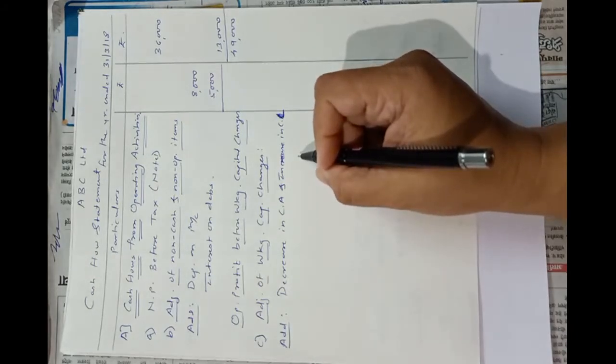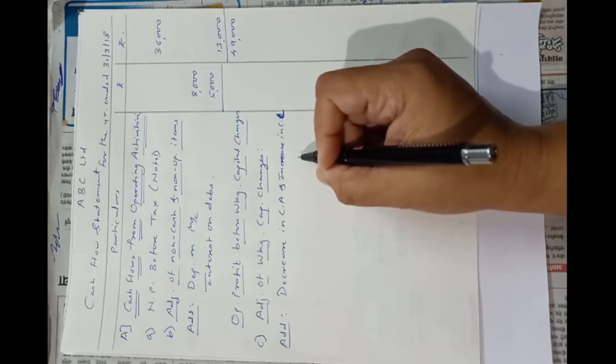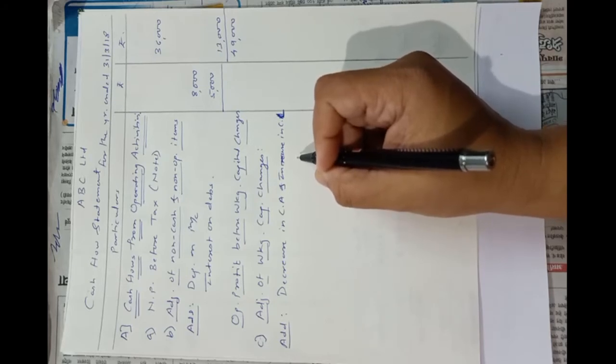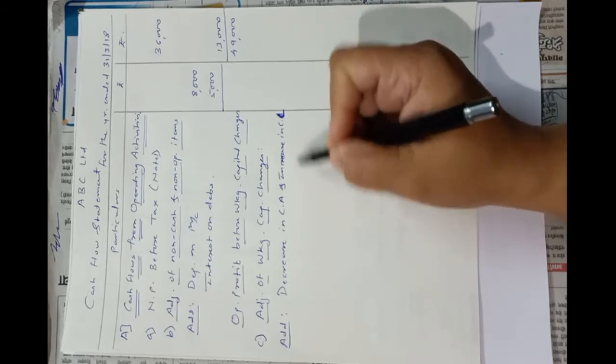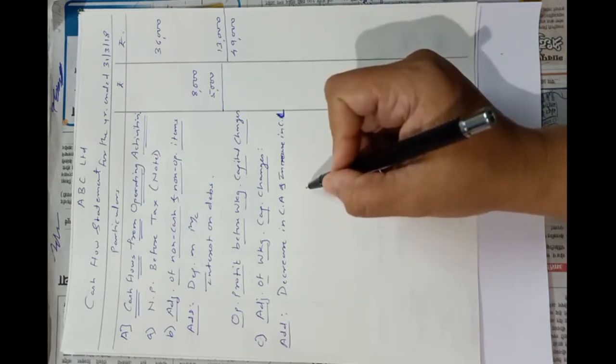See the current liabilities. In current liabilities, trade payables, and in trade payables note is given sundry creditors and bills payable. Okay, in sundry creditors there is increase in current liability, and in bills payable there is decrease.